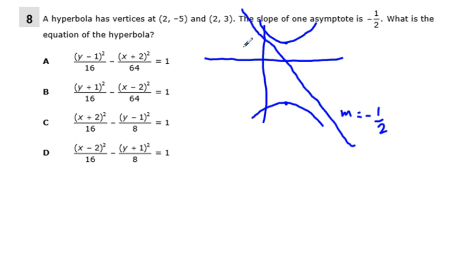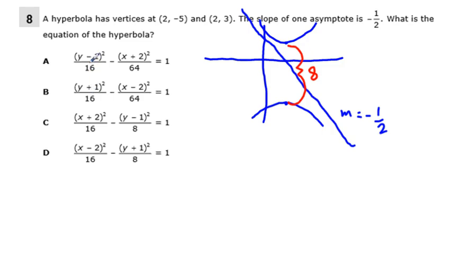What we have here between -5 and 3 is going to be a value of 8, a span between that. And what we're going to have for that is our semi-major axis, which is going to be the square root of the value underneath the y, so it's going to be one of these two things here.